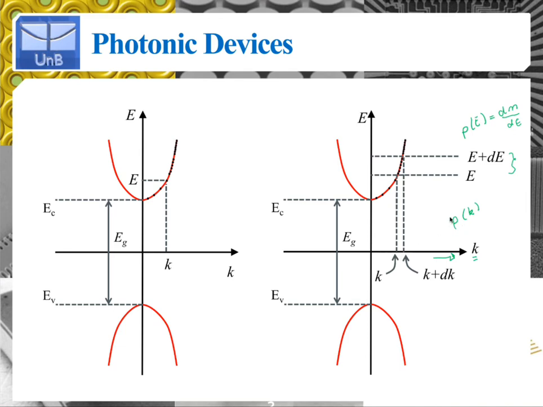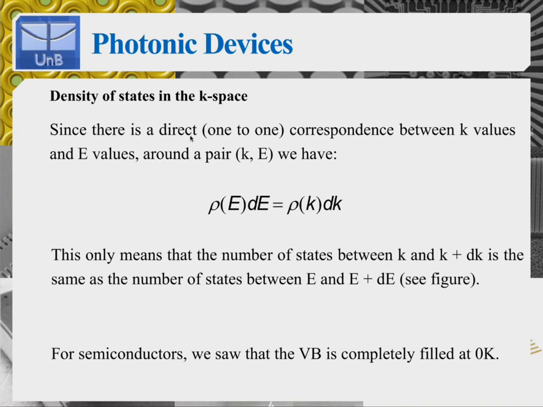So the density of states rho as a function of k is the number of states with wave vectors, absolute value of course, between k and k plus dk. And since there is a one-to-one correspondence between k and E, for each state you'll have the k and the respective E plotted in the band structure, we must have rho of E dE equal to rho of k dk.